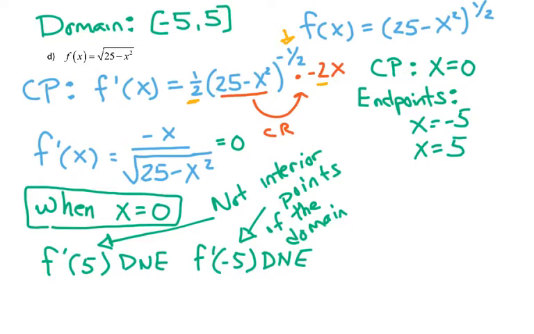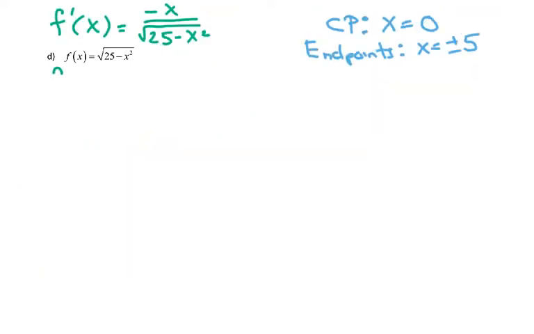And now we're going to set up our test intervals. Okay, so we need another page for that. Let's go over here and set up test intervals. Now, I like to remind myself that we do have endpoints to this domain, so we don't want to check beyond negative 5 or positive 5.